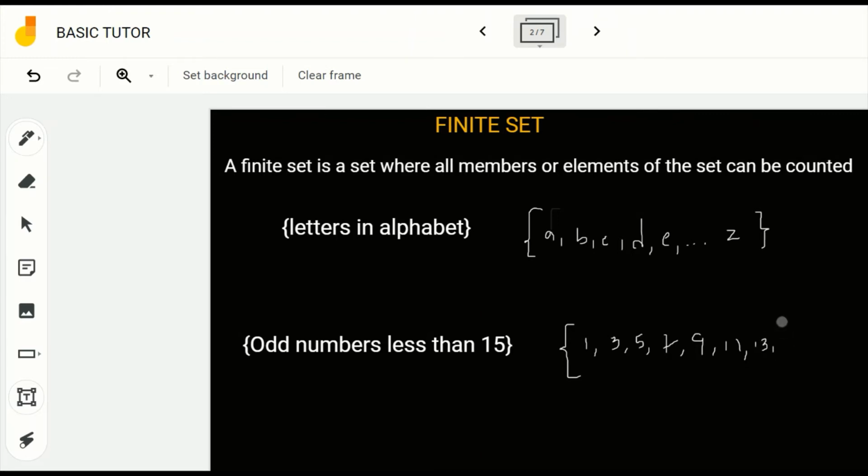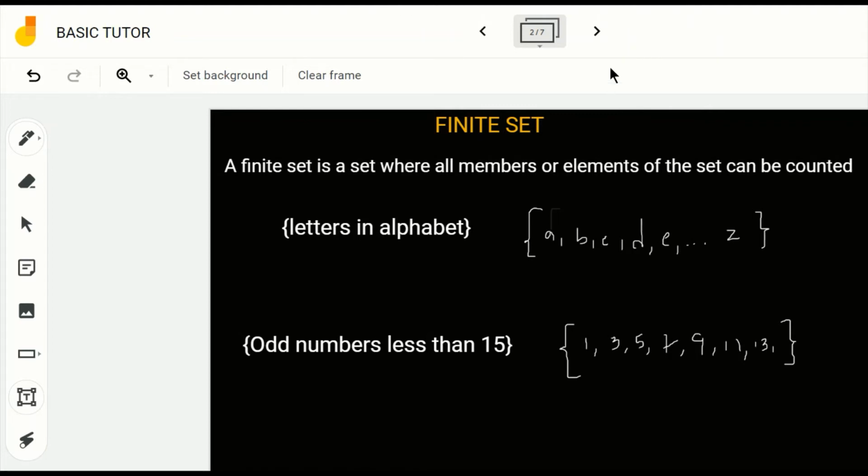So these are the odd numbers less than 15. As you can see, we can easily count the members of this set. We have 1, 3, 5, 7, 9, 11, and 13. So these are some examples of finite sets. A finite set is a set where all members or elements of the set can be counted.